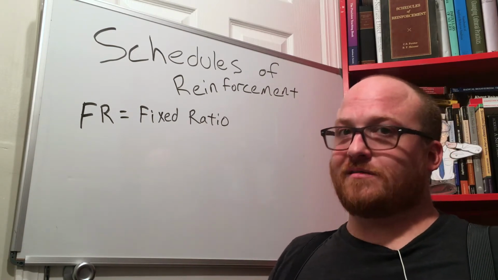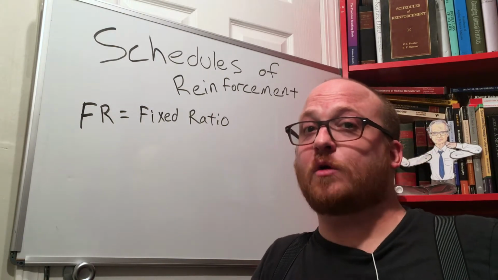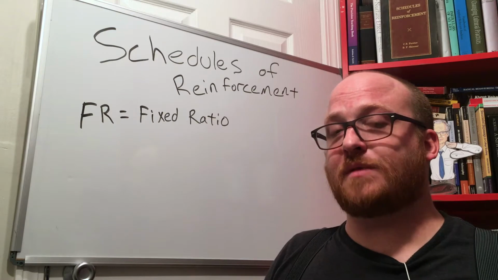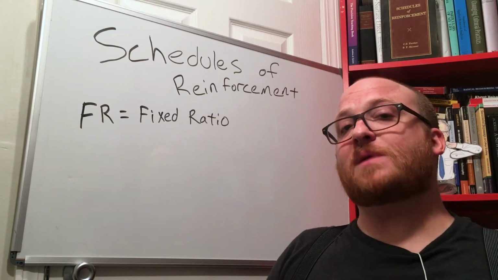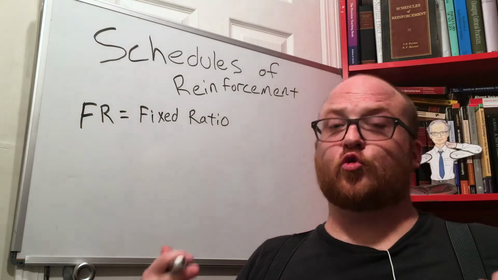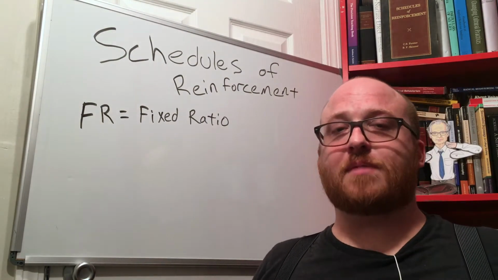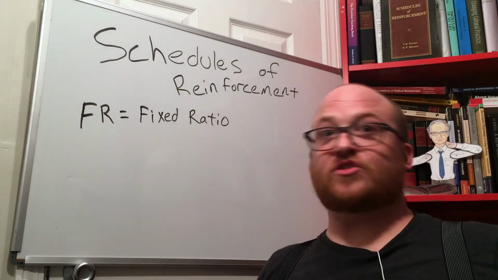Continuous reinforcement is really just FR1, meaning after every one response, reinforcement will occur for that behavior. FR2 just means every other response. And so the responses that we're talking about here are the target behavior. It's not going to be just any behavior.